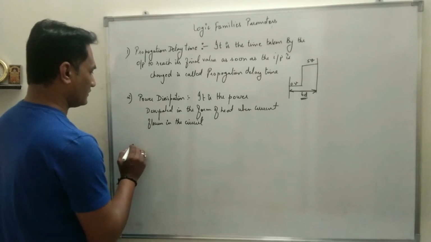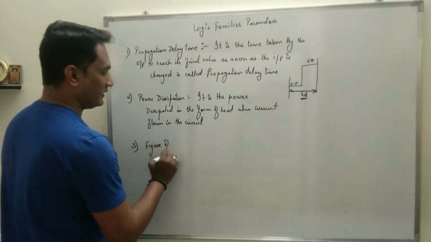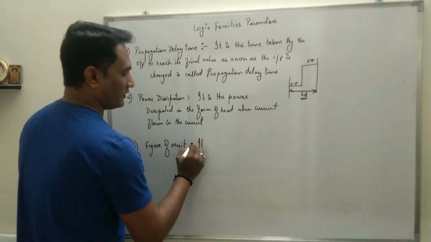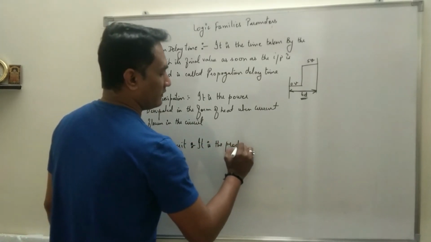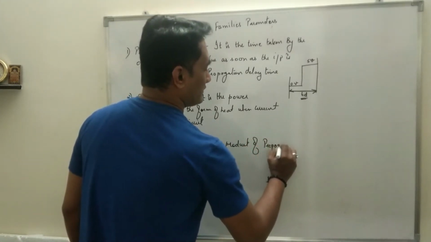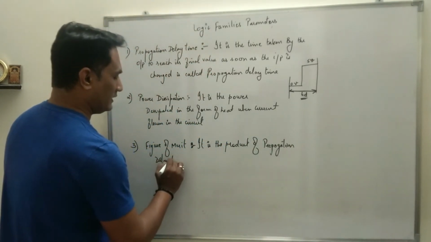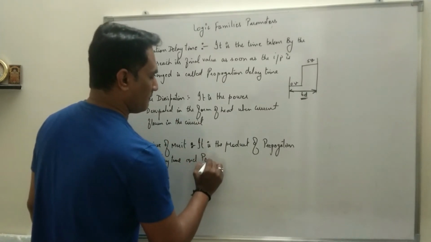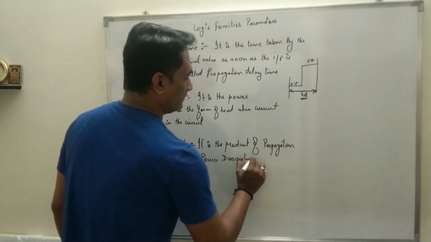Third one is figure of merit. It is the product of propagation delay time and power dissipation.